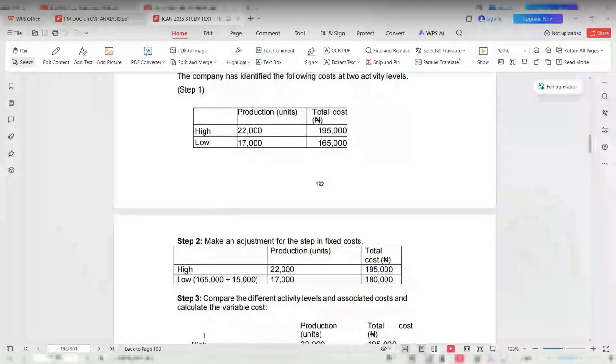3 multiplied by 17,000. So what do we have? 165,000 is equal to a plus 17,000 times 3.